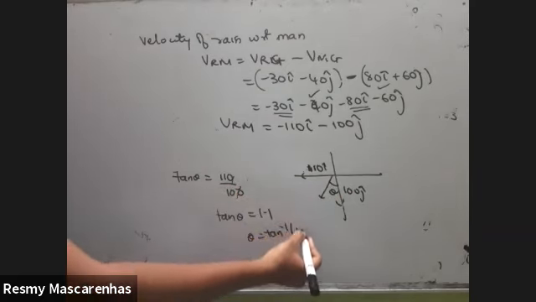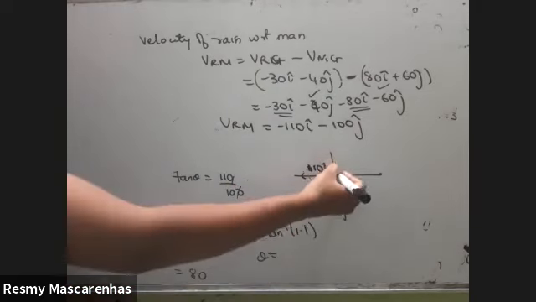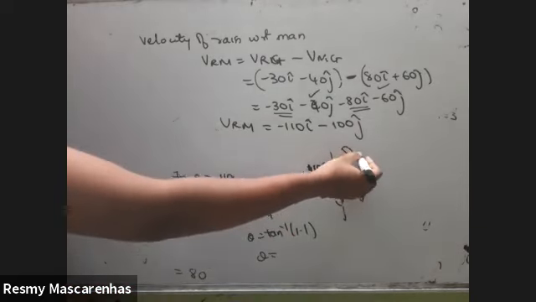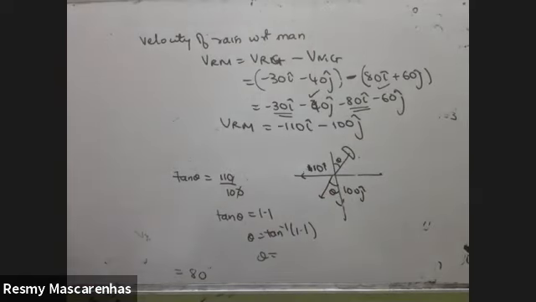Theta is tan inverse of 1.1. Whatever you get will be your angle here. Just calculate arc tan of 1.1 and write. So that will be your angle in terms of degrees. So the man will hold the umbrella at that particular angle.